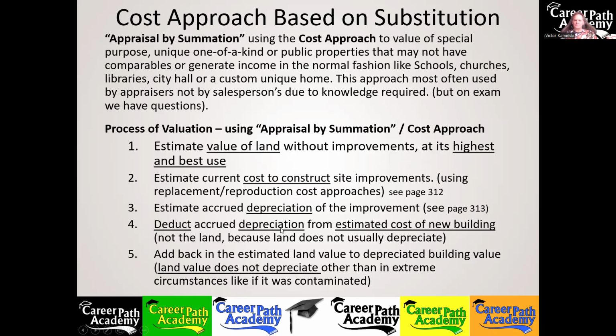Then we deduct that depreciation from the estimated cost of that new building, not the value of the land, because land does not depreciate. You cannot depreciate the value of land except in extreme circumstances like contamination or something that makes it unusable. And then add back the estimated land value to the depreciated building value to get the current value of that property. Okay.